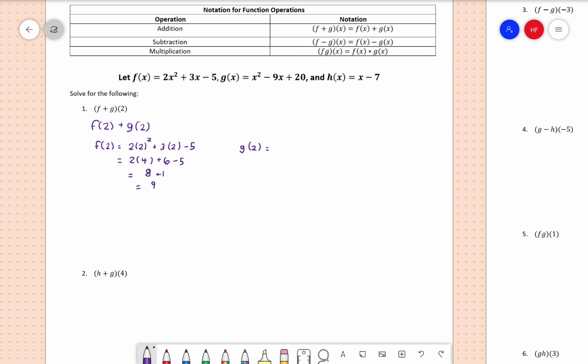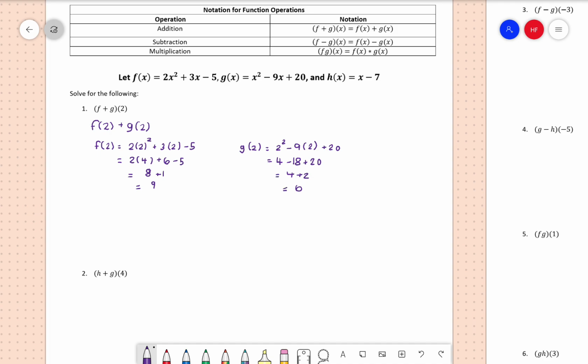So for g, we have 2 squared minus 9 times 2 plus 20. So we've got 4 minus 18 plus 20. Negative 18 plus 20 is 2, so 4 plus 2, so 6.